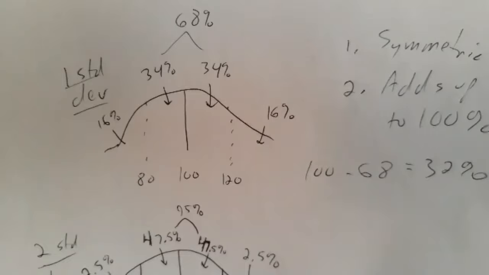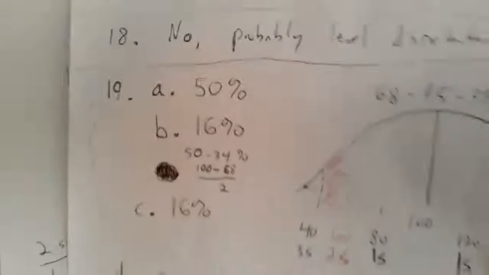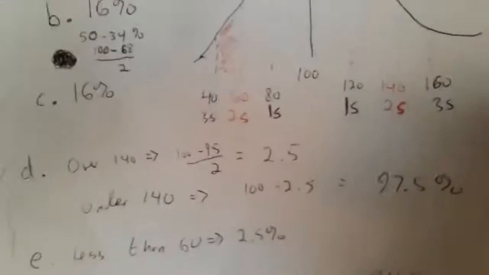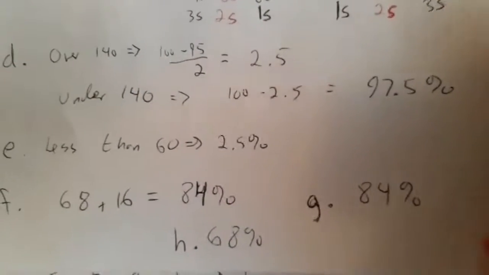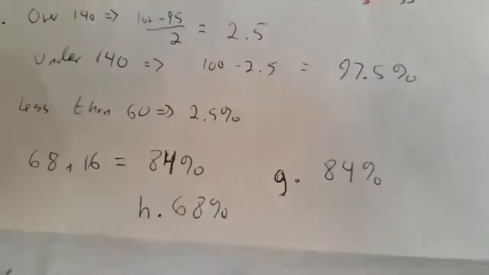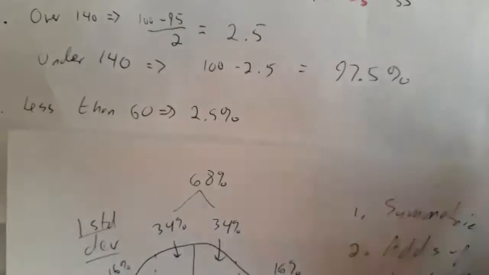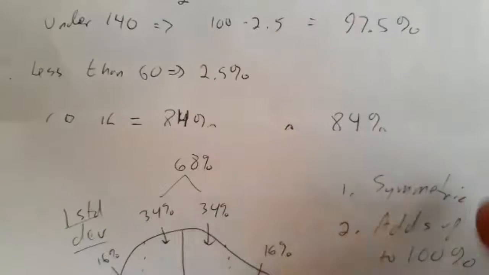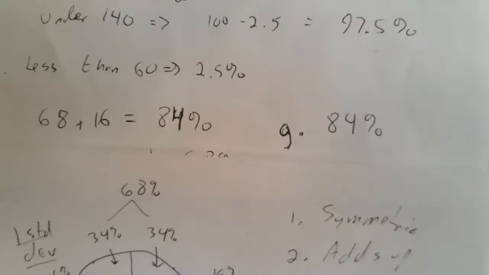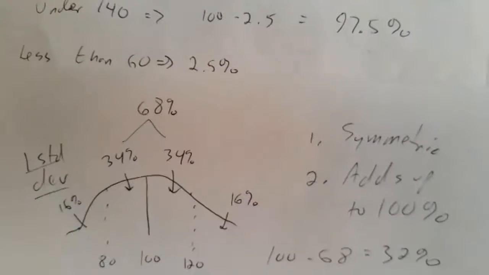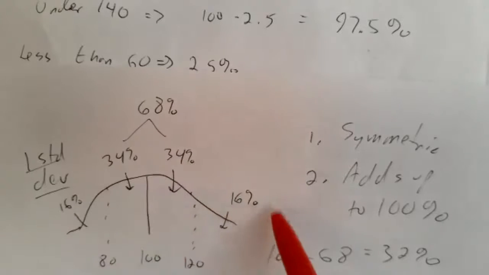The last one should be 68%. I'm hoping you got the 68, and I'm hoping you understand where the 84 is coming from. We have 68 and another 16. That's how much is more than 80. We have 68 and another 16 that's going to be less than this 120. All right, cool.